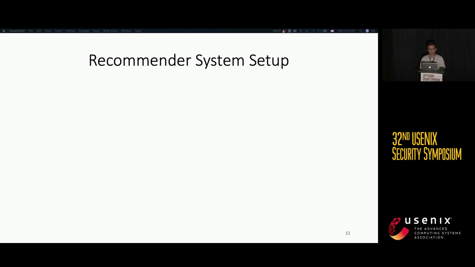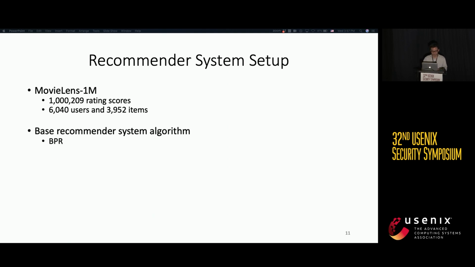Next, let's see some empirical evaluation results. We use the MovieLens 1M dataset, which contains around 1 million rating scores with around 6,000 users and 4,000 items. We use BPR as the base recommender system algorithm to build each base recommender system upon a subsampled sub-rating score matrix. And here is the parameter setting.